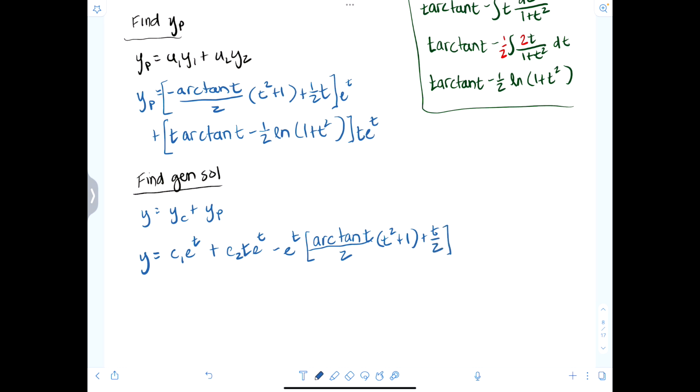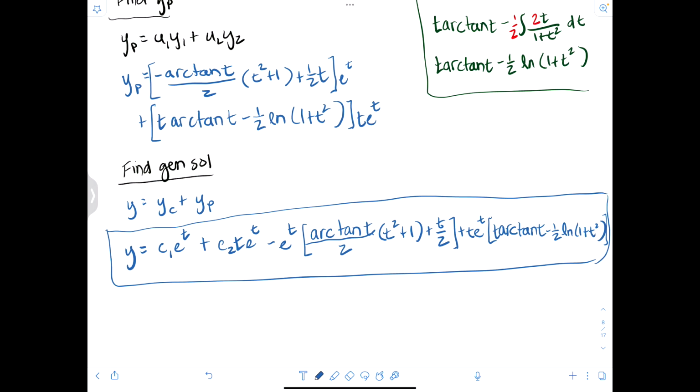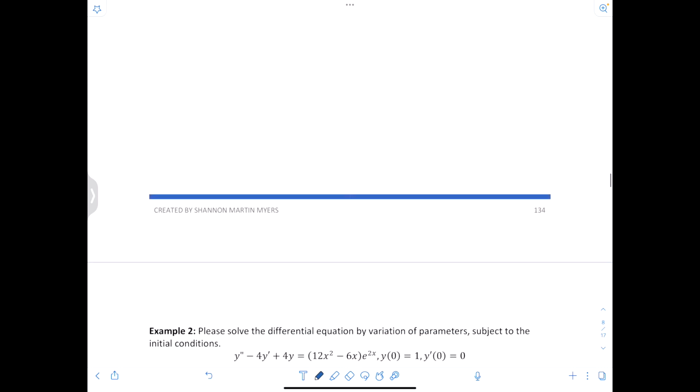And then we'll have plus t e to the t times t arctangent at t minus 1/2 natural log at 1 plus t squared. And that is our general solution. All right, hang in there. I know this one's a long one.